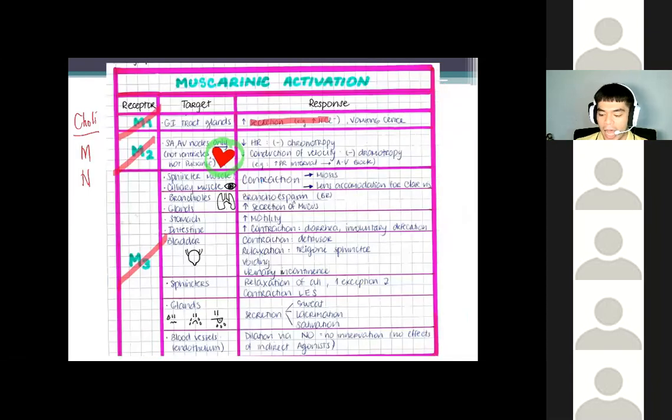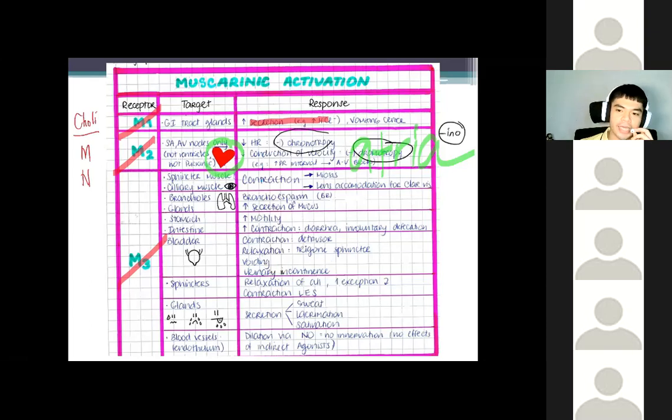The effect is negative chronotropic, negative dromotropic, and negative inotropic. In short, it is the opposite of beta 1 earlier. Question: with negative chrono, negative ino, and negative dromo, what is the overall effect? Is it bradycardia or tachycardia? Yes, bradycardia. Very good.